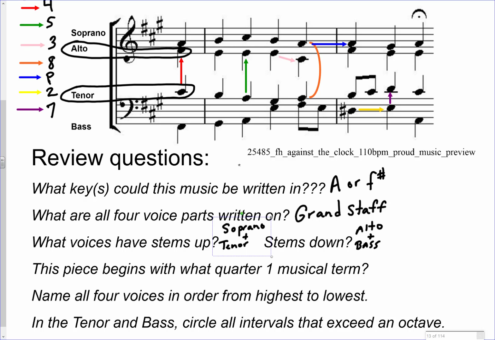Now, if you look very carefully, you can see that the stem direction differs when you're talking about choral music. Back in quarter 1 and the beginning of quarter 2, we talked about how you have to have a certain kind of stem direction depending on where the note is written on the staff. Well, that applies to individual solo passages. When you're dealing with 4-part chorus music, such as soprano, alto, tenor, bass, you need to make sure that sopranos always have their stems up and altos have their stems down.